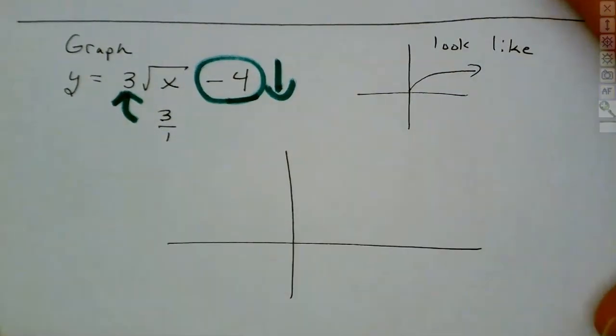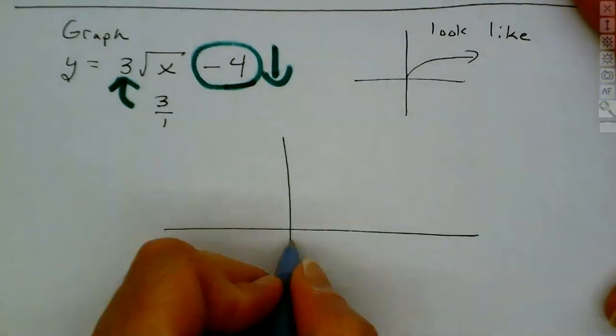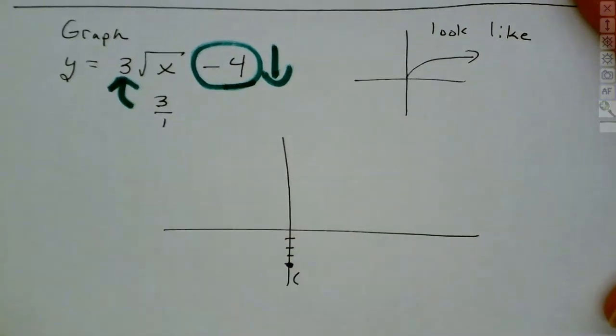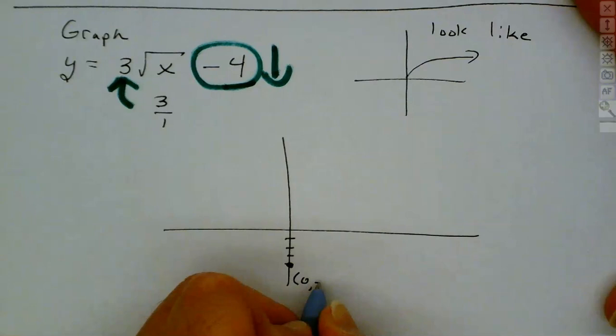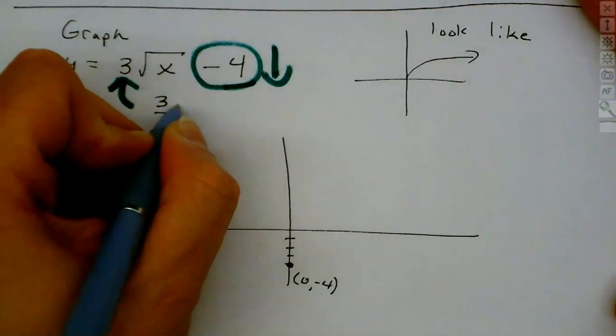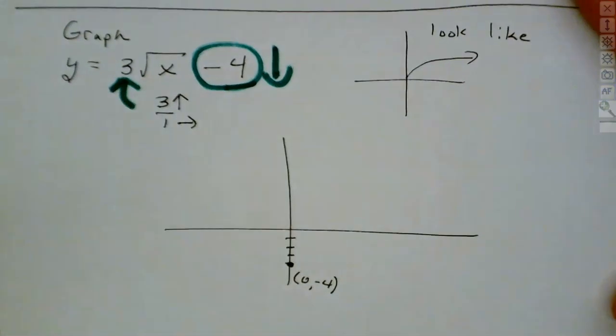So when I go to graph it, where am I going to start at? Down 4 units. So we're going to start right here at 0, -4. What am I going to then do from that 0, -4? I'm going to go up 3 and over 1.